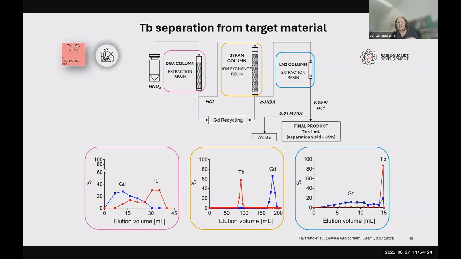The concept of using another extraction resin for concentration purposes is then performed. From this perspective, we're just cleaning it up and polishing it up and finally eluting in 0.05 M HCl. But this one is quite cool in the sense that if there were any slight traces of gadolinium, they would be separated in this setup.